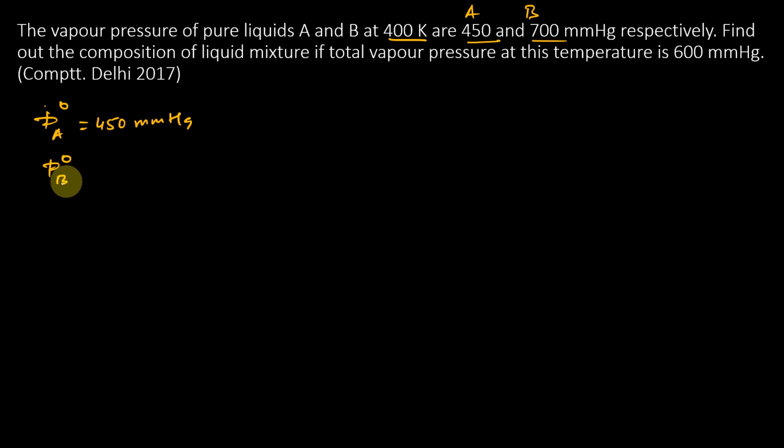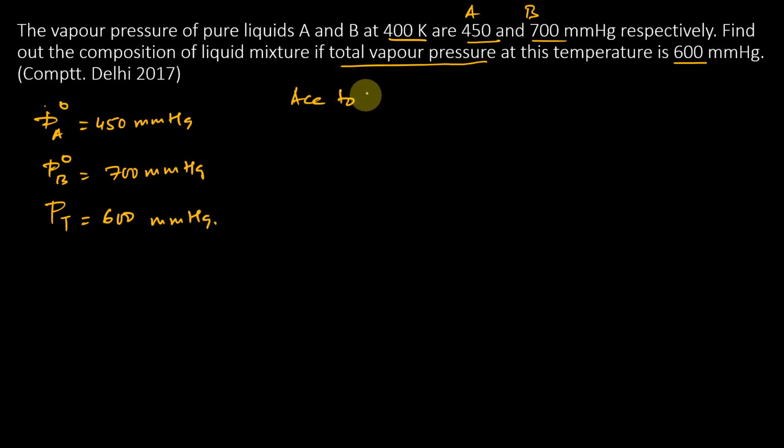P naught B is equal to 700 millimeter mercury. Find out the composition of the liquid mixture if the total vapor pressure at this temperature is 600 millimeter mercury. So PT is equal to 600 millimeter mercury.